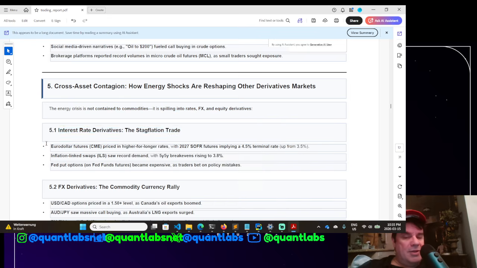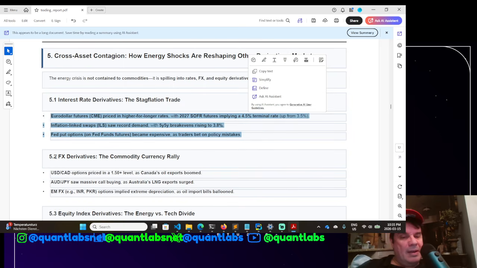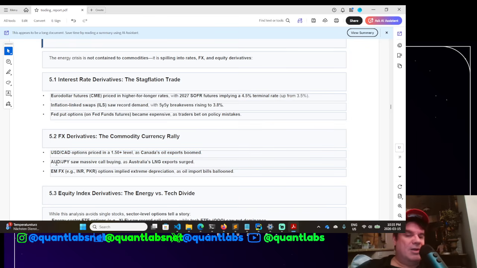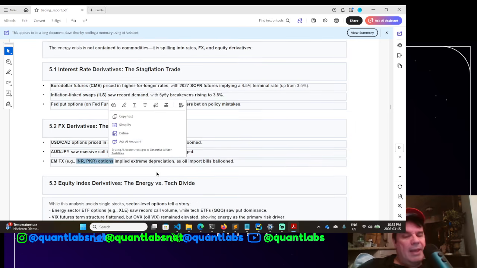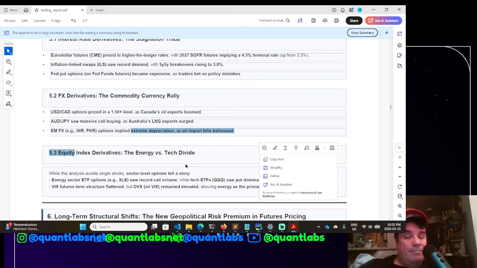All these different things you could trade if you have a big enough account: Eurodollar, inflation-linked swaps, Fed pull options, FX derivatives. And again, you could trade maybe the U.S.-Canadian dollar combination, or the Australian-Japanese yen, or the EMFX. Again, this is emerging market, like the INR or the Pakistan rupee, with extreme depreciation as import bills balloon.